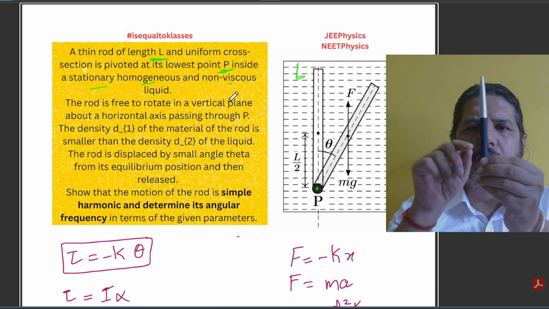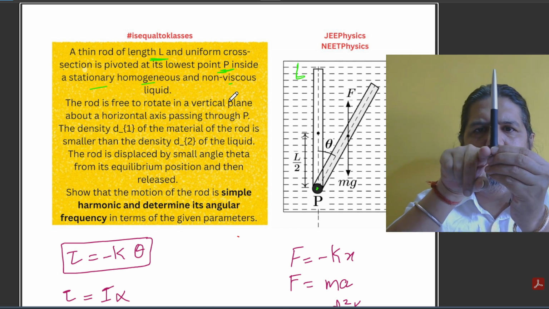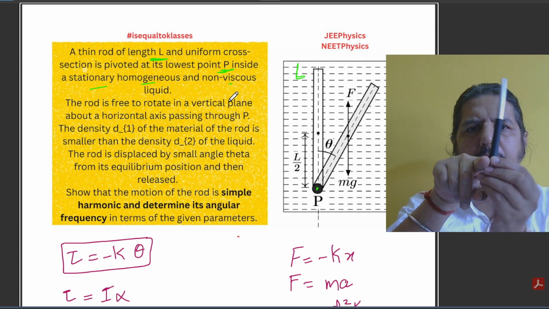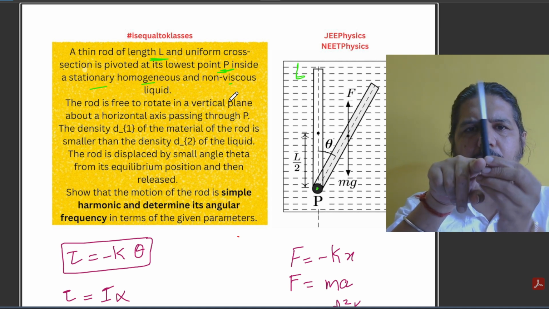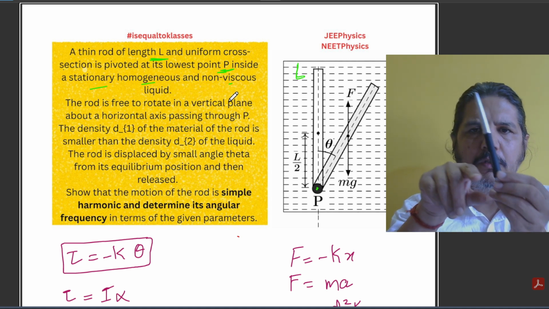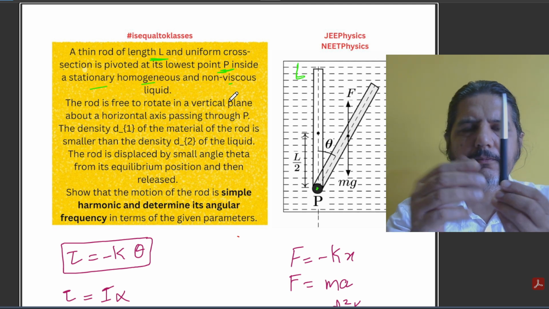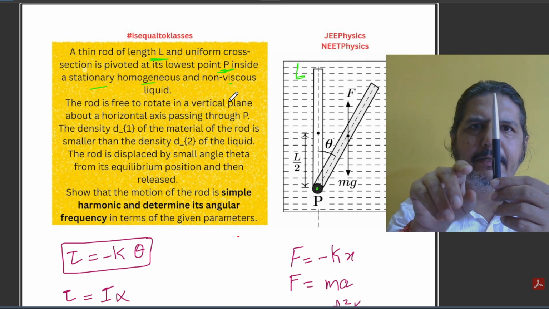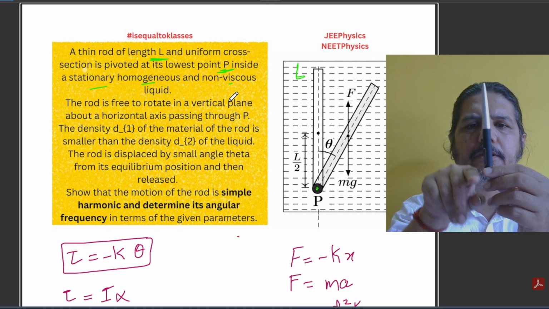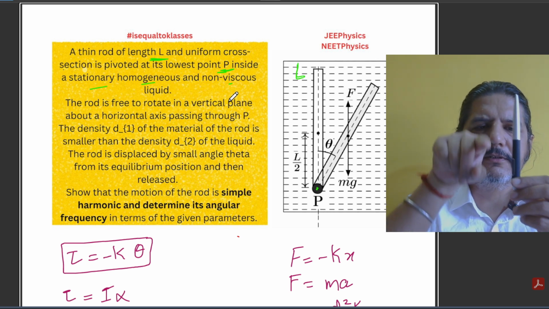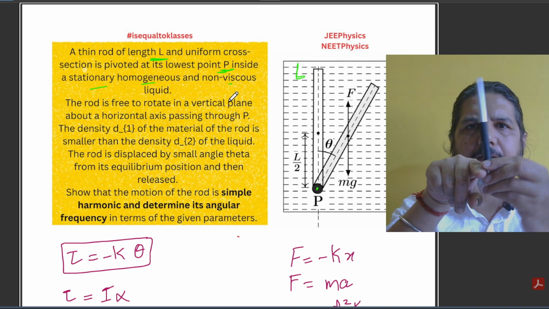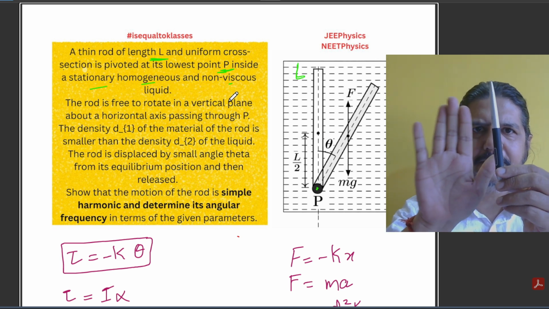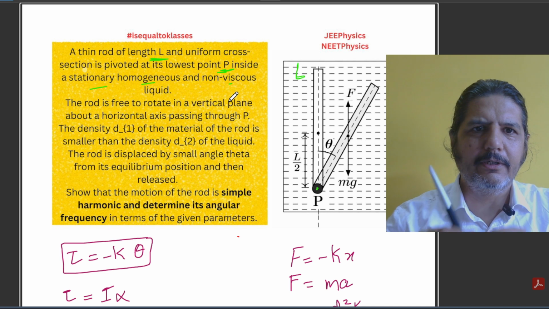So for example, this is an axis, and this rod is free to rotate in a vertical plane about a horizontal axis passing through P. As you see this on your screen, you can imagine that this axis is perpendicular to the screen and this rod can move vertically, so basically in the plane of the screen. I hope you are able to understand.